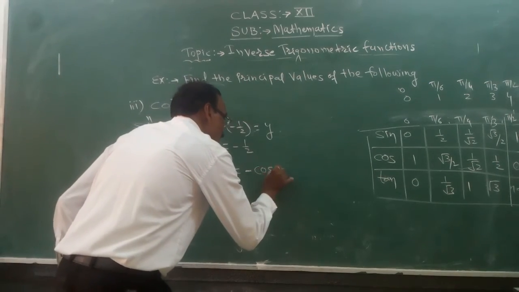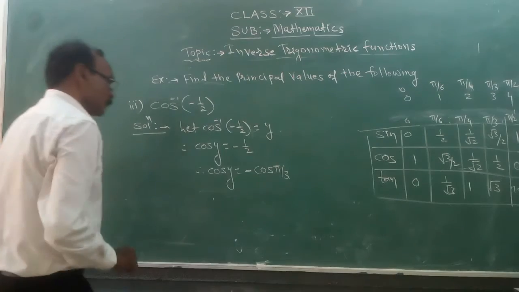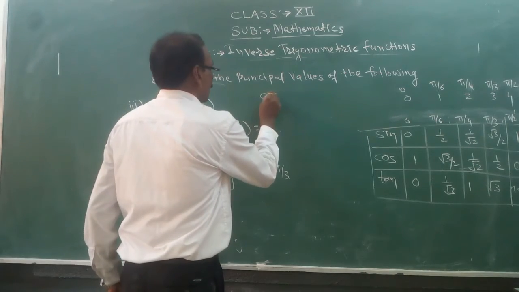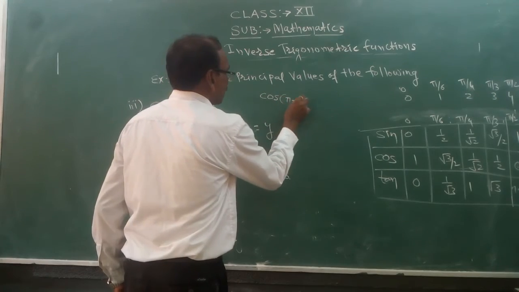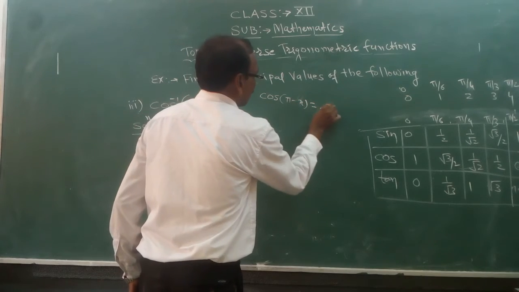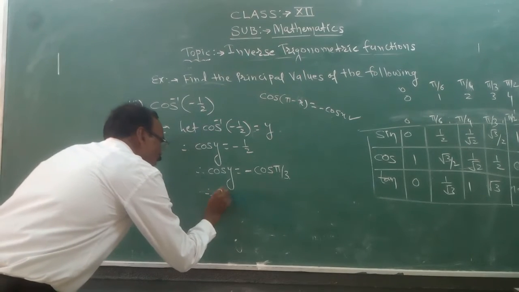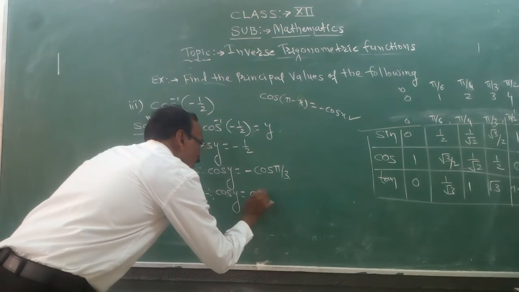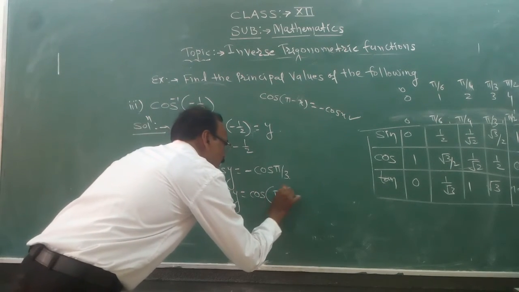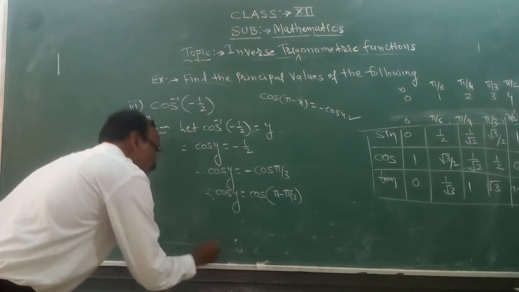So cos pi by 3, and we know that cos of pi minus x equals minus cos x. Therefore, cos y equals cos of pi minus pi by 3.